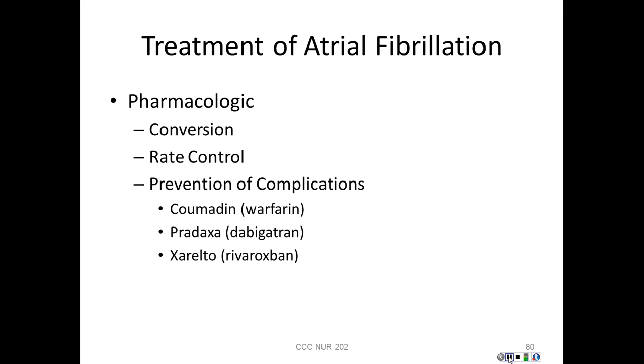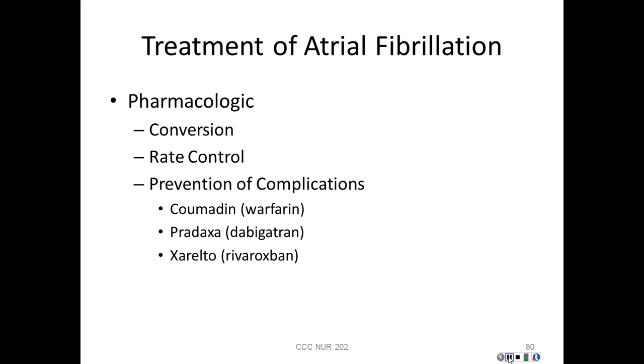The physicians have to basically weigh the risks versus the benefits for these patients, because all these products, Coumadin, Pradaxa, Xarelto, are all basically going to increase the risk of bleeding for patients. And we talked about a lot of our patients that have atrial fib are our older patients. So you've got to weigh that risk of a stroke versus the risk of a fall and bleeding from that. So as we look at those, that's one of our big issues.